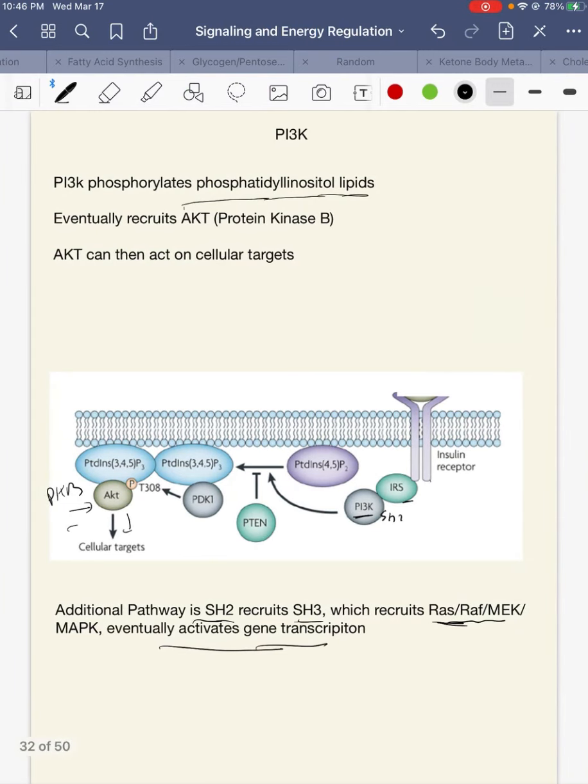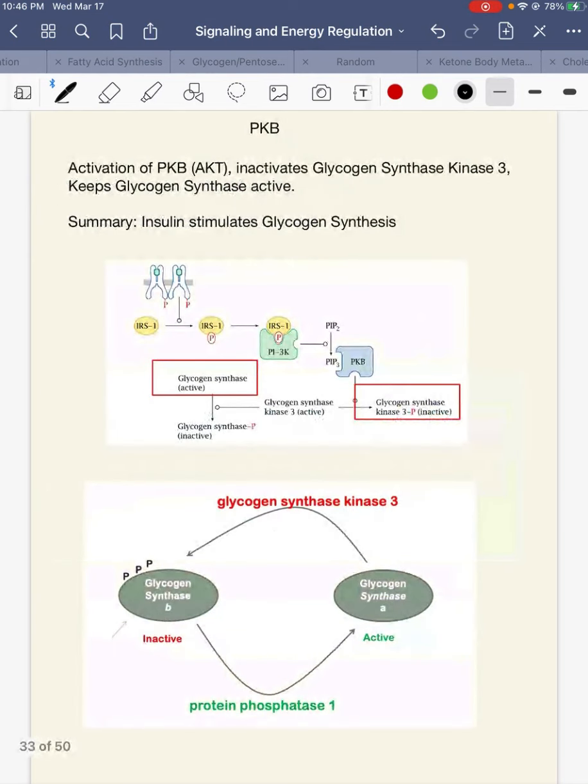Just like we talked about glucagon binding through G protein coupled receptors, G alpha q, G alpha s, insulin has similar mechanisms. Okay, so PKB. So remember, when is this activated? This is activated when insulin is released. So we have high blood glucose level. So we keep that in mind.